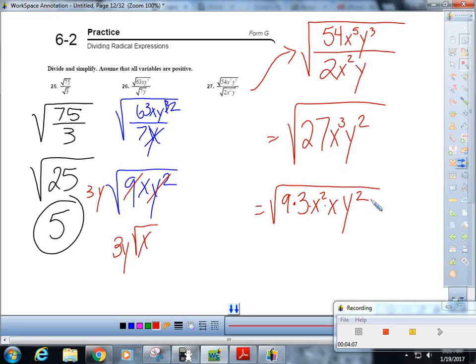Now I'm going to take out the 9 and put a 3 here, because the square root of 9 is 3. I'm going to take out the x squared and put an x here. I'm going to take out the y squared and put a y here. And all we have left on the inside is 3x, right? So it's 3xy times radical 3x. Okay? So far, so good?